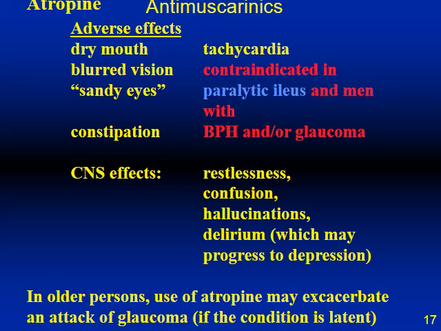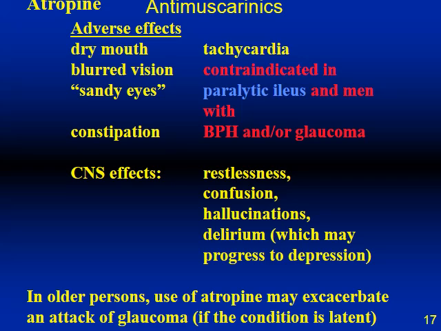Right? So if we look at the words in yellow, things like dry mouth and blurry vision or sandy eyes due to decreased tear production. Dry eye is another way to say that. Constipation, tachycardia. Those are all predictable systemic effects of an antimuscarinic.